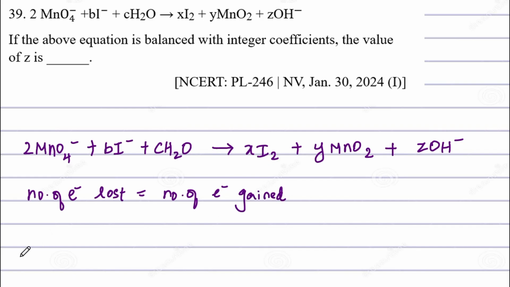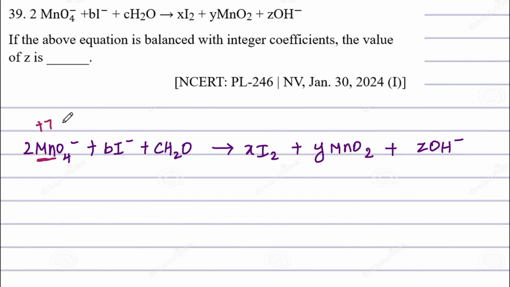So with that information, we can balance the number of manganese atoms and the number of iodine atoms. We know the oxidation state of manganese in MnO4- is +7 and in the product MnO2 is present. So X minus 2 into 2 equal to 0, X minus 4 equal to 0 and the value of X is +4. So in the product it is present in +4 oxidation state.